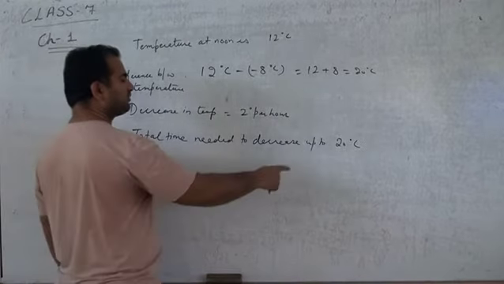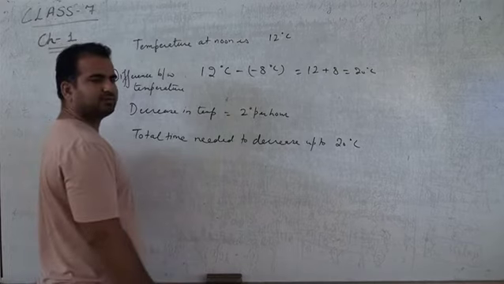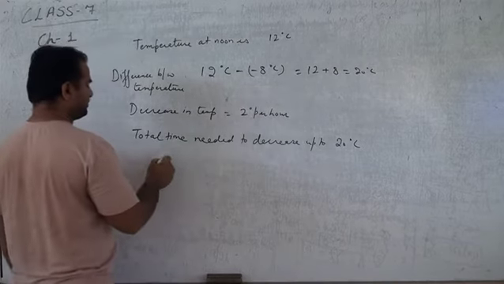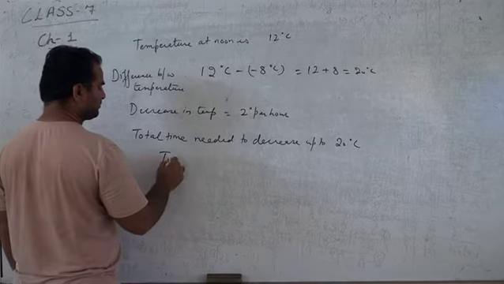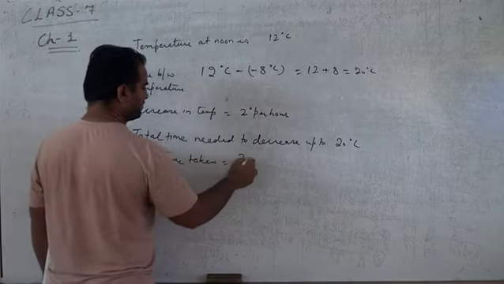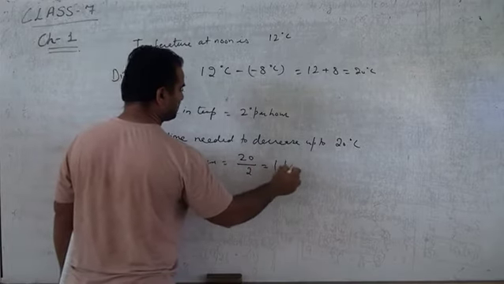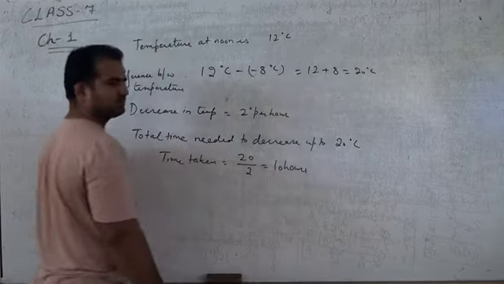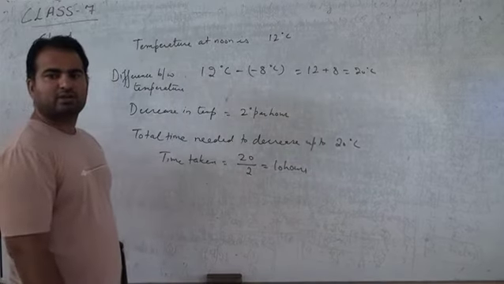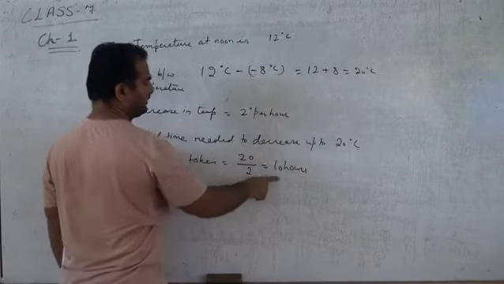So we have to go to 20 degrees centigrade, and per hour it decreases by 2. So time taken equals 20 degrees divided by 2 equals 10 hours. So after 12 we took 10 hours.